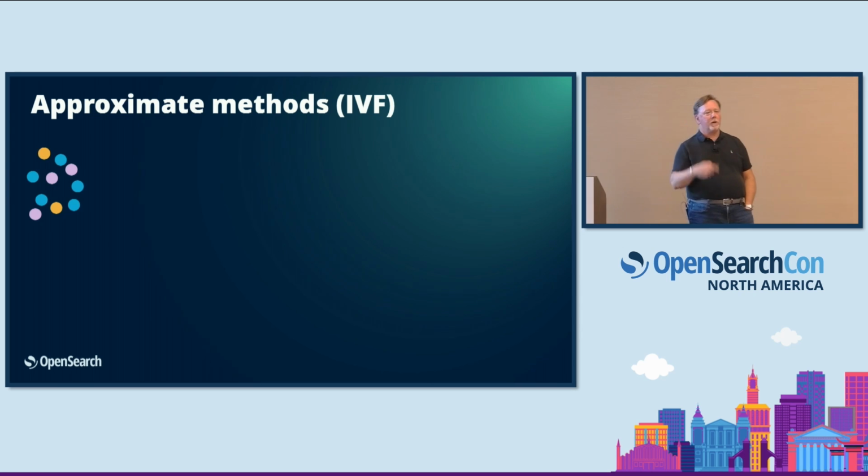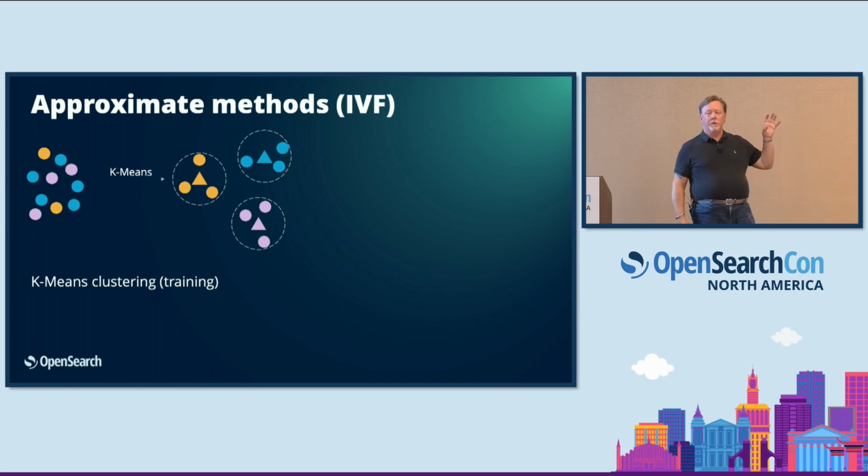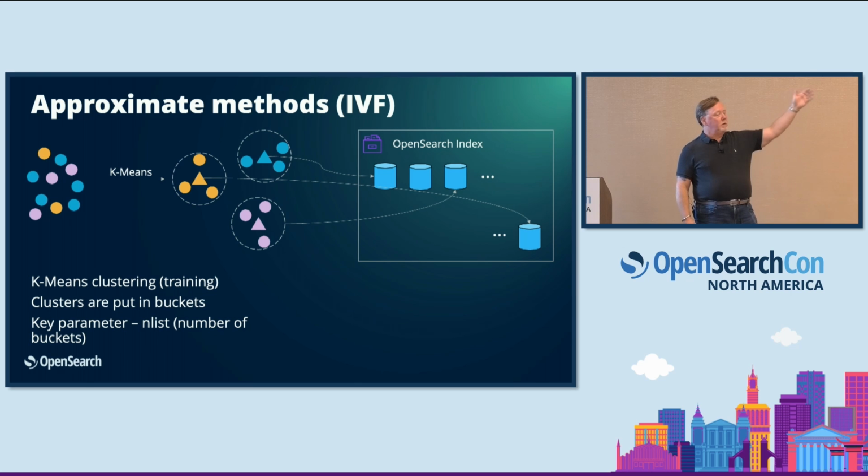Okay, let's talk about approximate method number 2, inverted file. The idea with inverted file is we use k-means clustering to find centroids of related points. We then put those centroids into some number of buckets that's configurable, and when we do a search, we find a close centroid, and then we can search within that bucket.